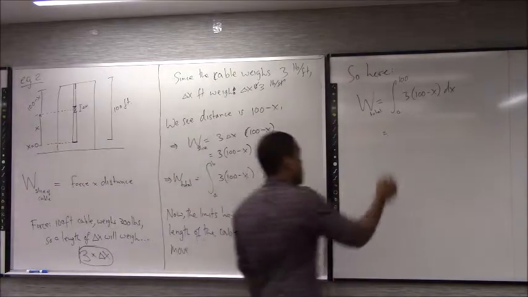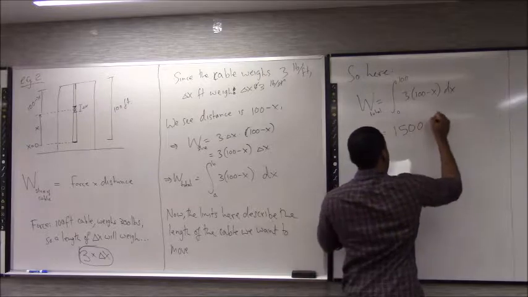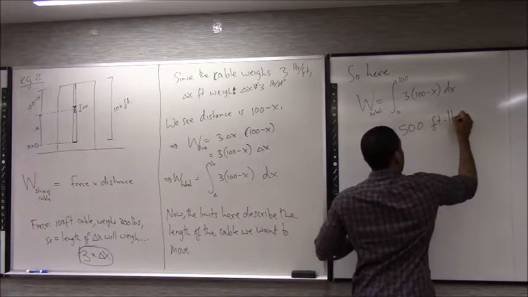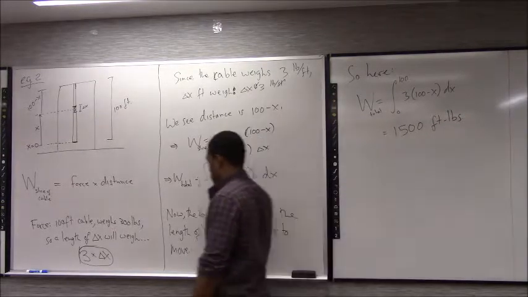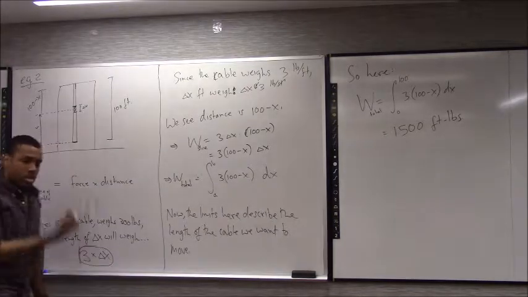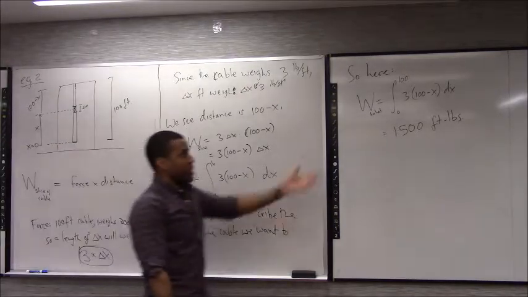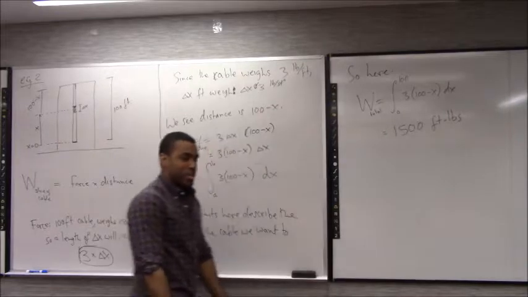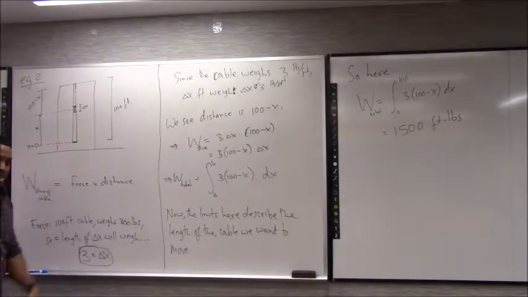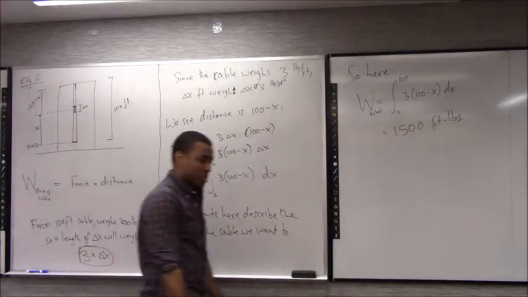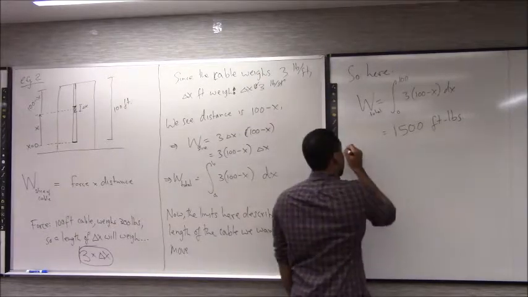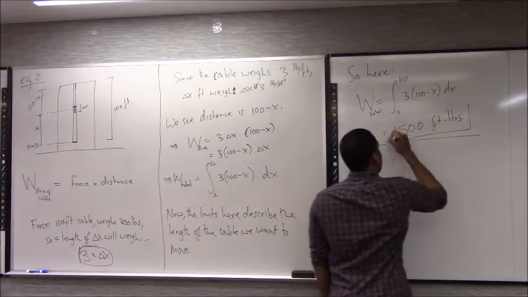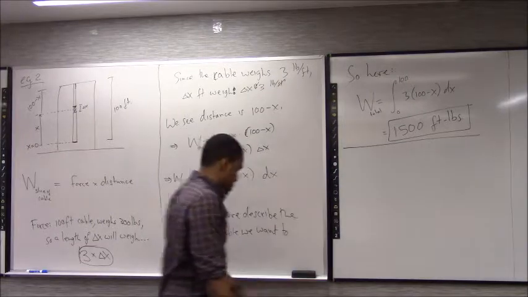I think I actually calculated that, so this is 1,500 foot-pounds. I mean, compared to the integrals that we've been doing and the ones you'll see on the test tomorrow, I would assume you can get through that integral. It's just a polynomial. Yeah. So that's the work.